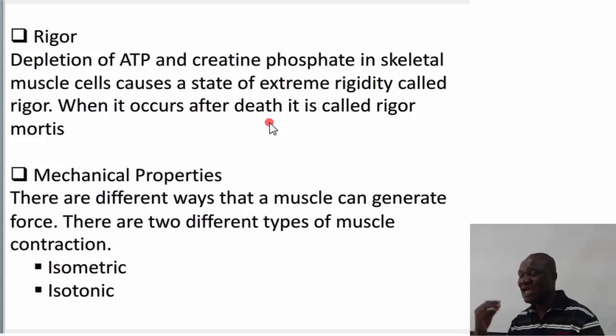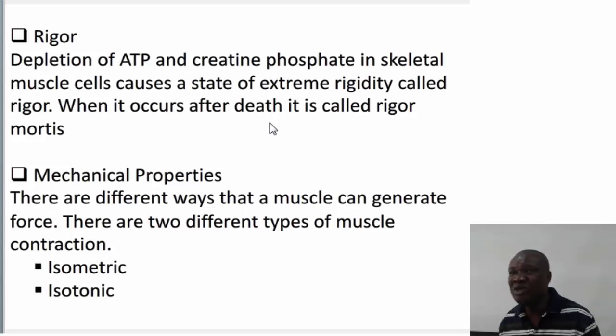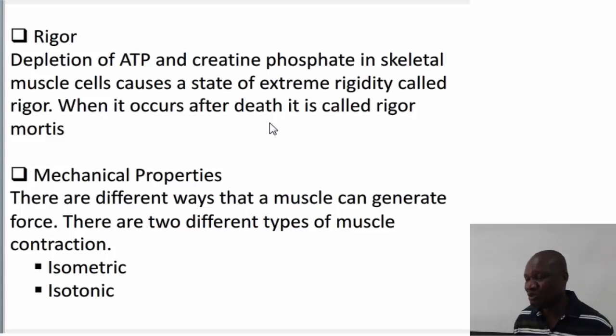You need ATP to pump out the calcium ions. So when there is no ATP, the muscle will be in partial contraction, right? And this contraction, rigidity, when there is no ATP, is called rigor. When this occurs after death, it's called rigor mortis.